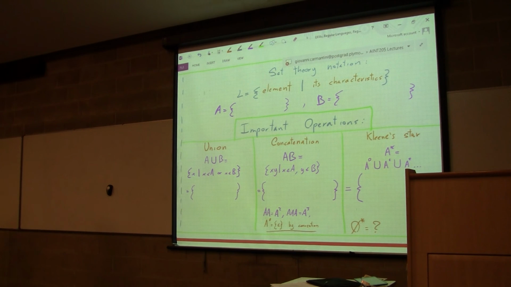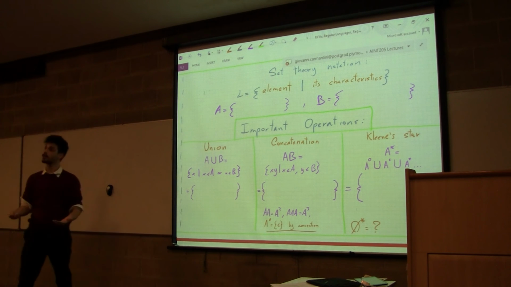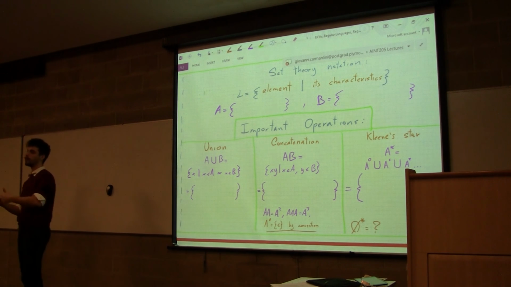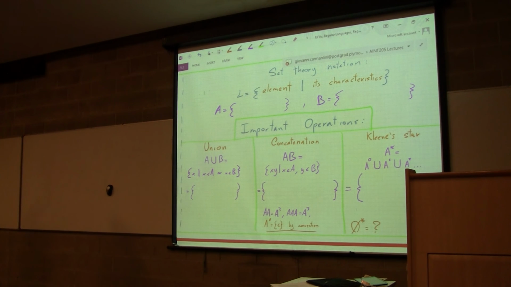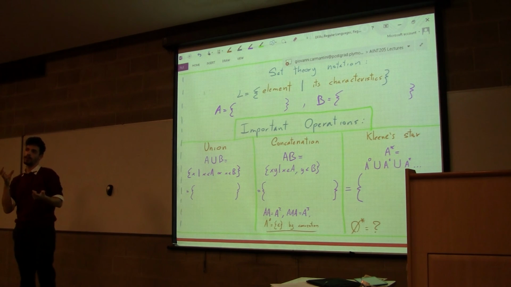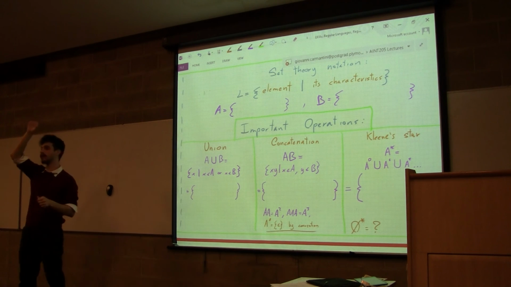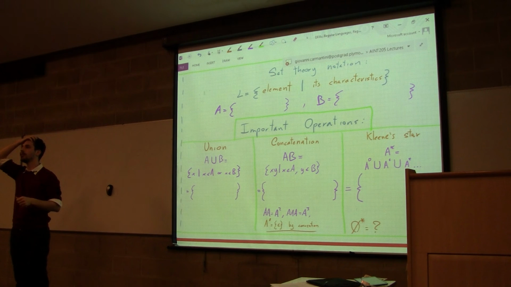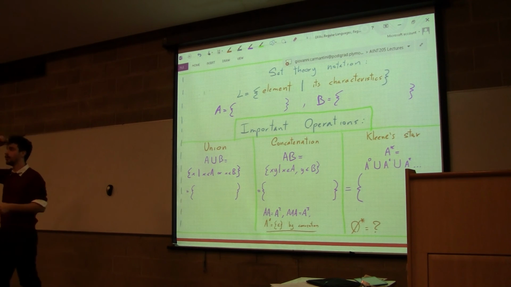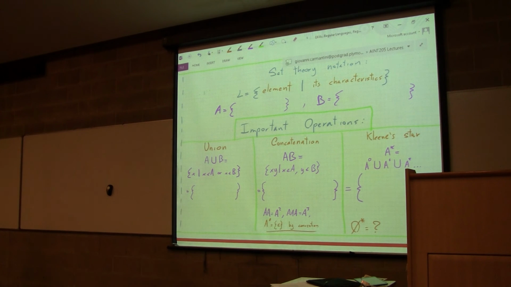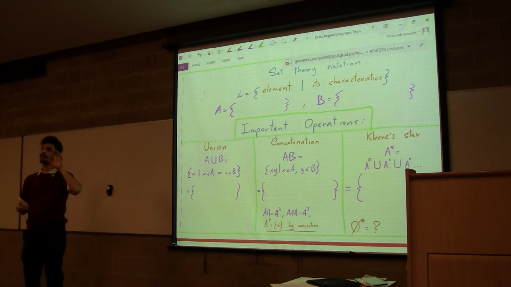DFAs are, for example, used in compilers. Okay? In compilers, the first step of a compiler is the lexical analyzer, right? So you get your text. Your program is a piece of text, okay? And then you have to have something that takes this text and finds out if there are keywords, if there are special words, okay? And that's done using a lexical analyzer. So the lexical analyzer finds tokens, for example, in a C program.